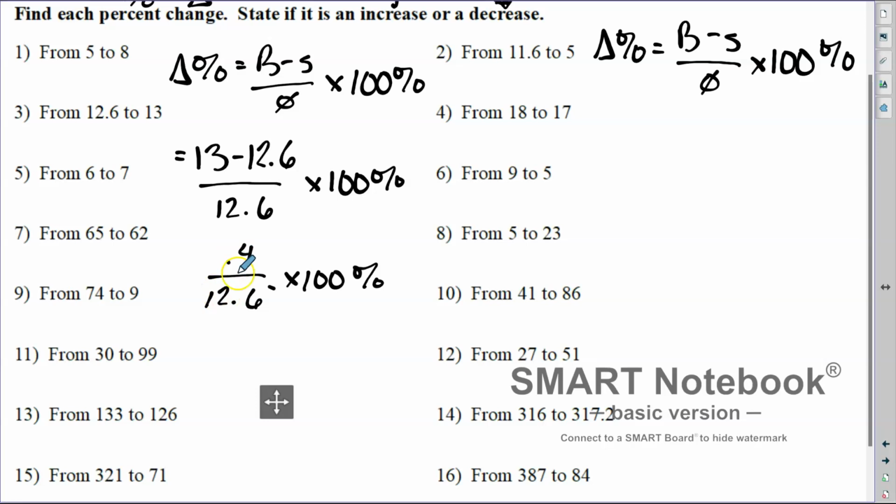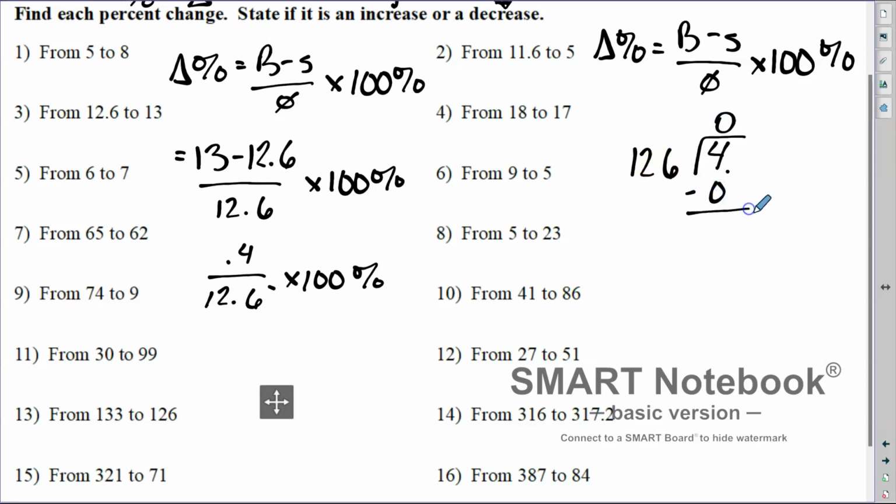Now let's review. All these don't have a decimal, which we're lucky. But if you do have a decimal, let's review what you do there. Since they both have a decimal, you can go ahead and move 1 to the right. You have 4 and you have 126. So the question is always how many times does this big number go into the small one? None. So 0 times that is 0.